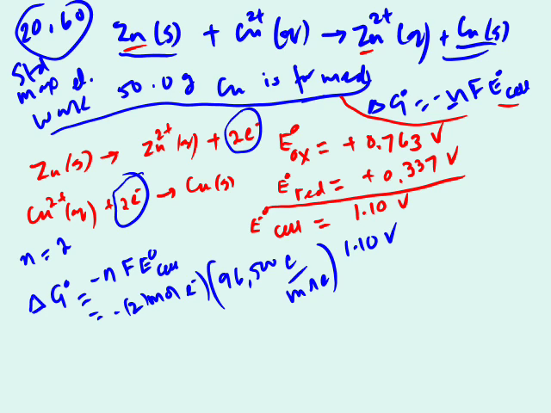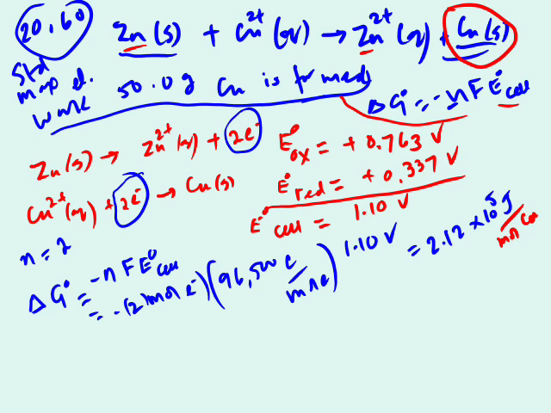If you multiply all these quantities, you get 2.12 times 10 to the power 5 joule. Keep in mind, you get this much electrical energy per mole of copper formed, but the question is about electrical work when 50 gram of copper is formed.